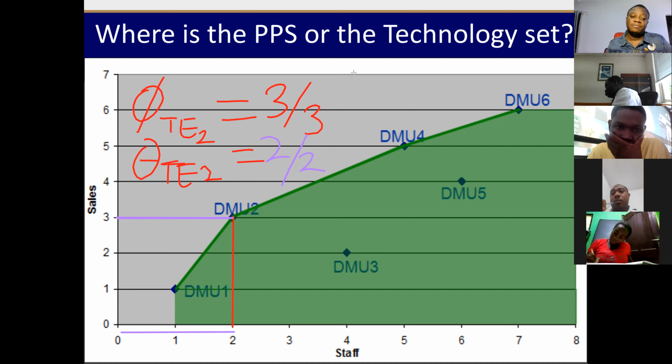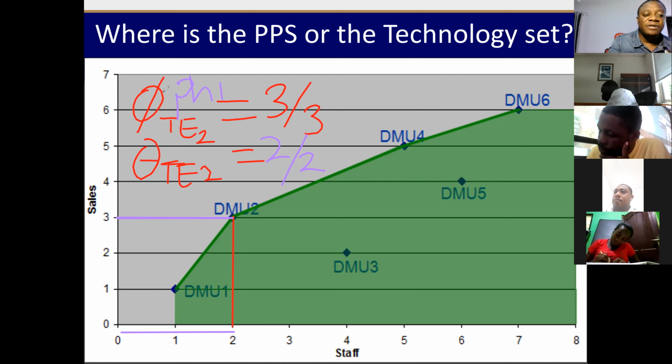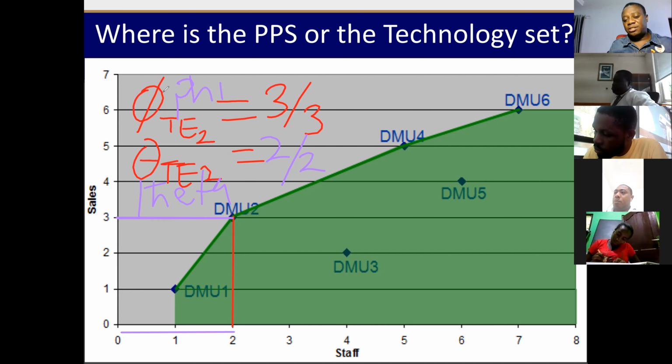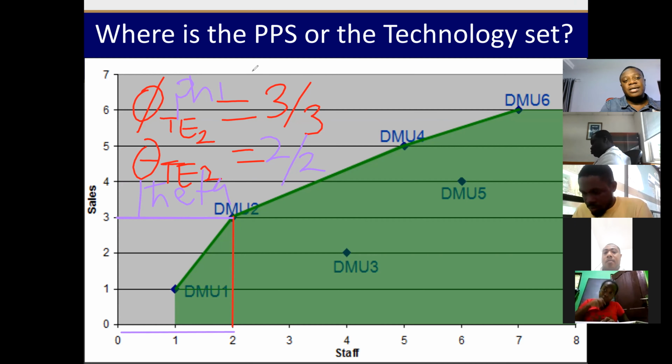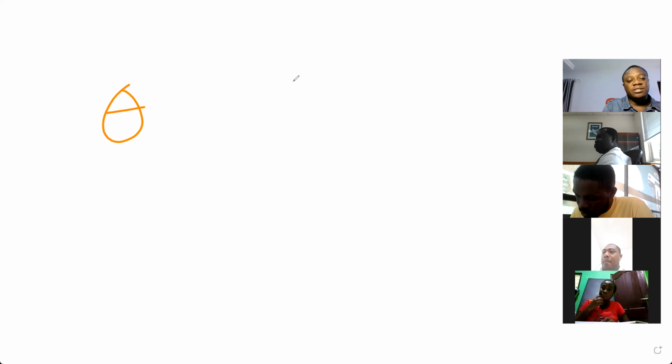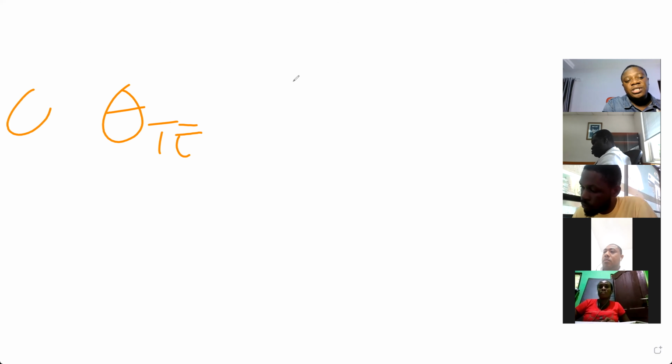Please note the terminology we use. The output efficiency is phi, and the input efficiency is theta. When you work out the input efficiency, this is very important now, for a particular DMU, the input efficiency is between 0 and 1 inclusive.